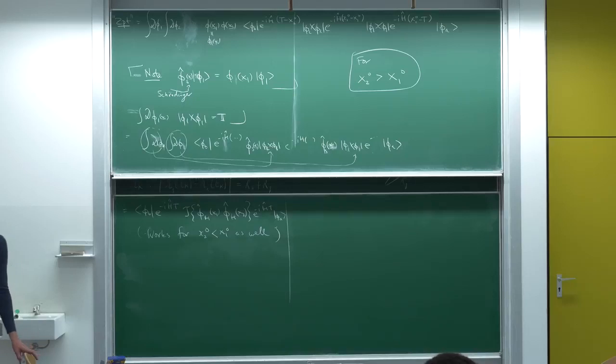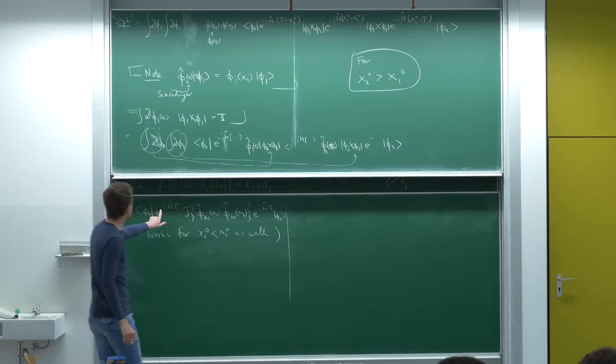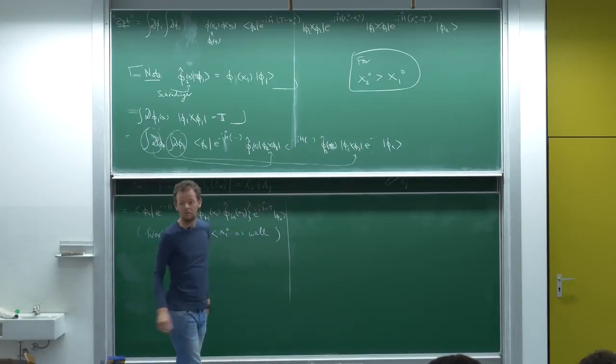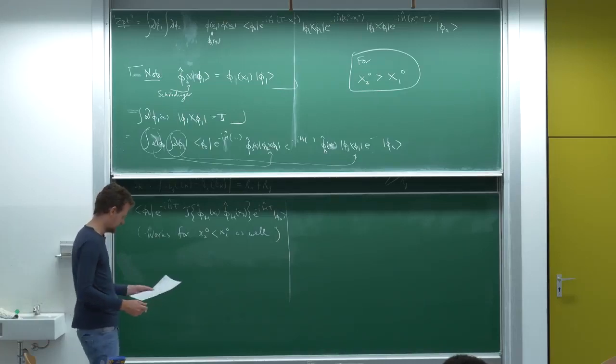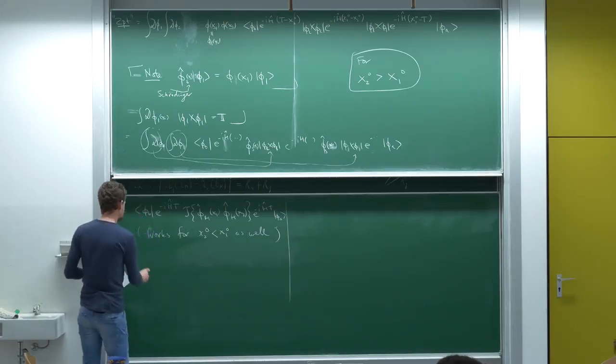So we've got something that looks awfully similar to an object of central importance in quantum field theory. So the expectation value of the time-ordered product of some field operators. We have these annoying factors here, there, but those annoying factors actually play a crucial role.